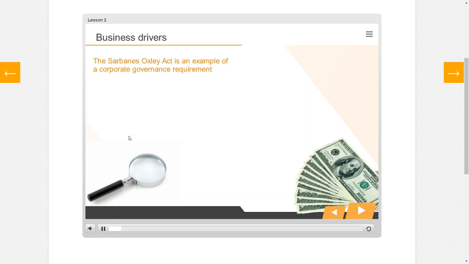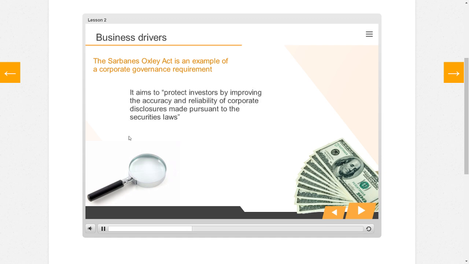A real-world example of a corporate governance requirement is the Sarbanes-Oxley Act, introduced in the USA in response to high-profile corporate scandals, including Enron. Its objective is to protect investors by improving the accuracy and reliability of corporate disclosures made pursuant to the securities laws.